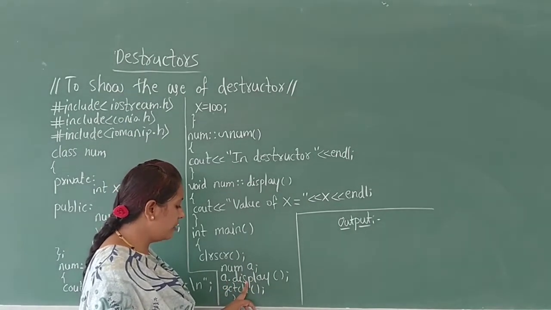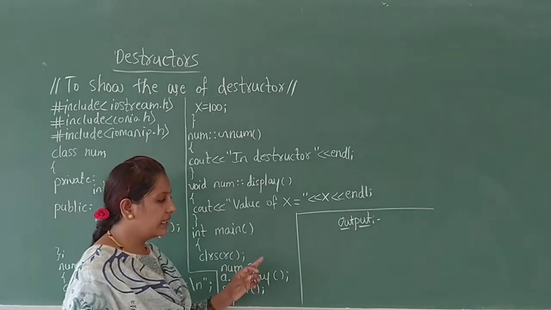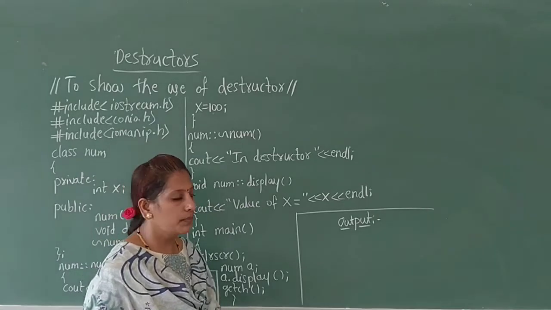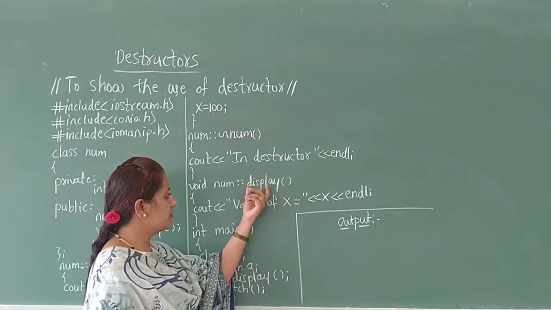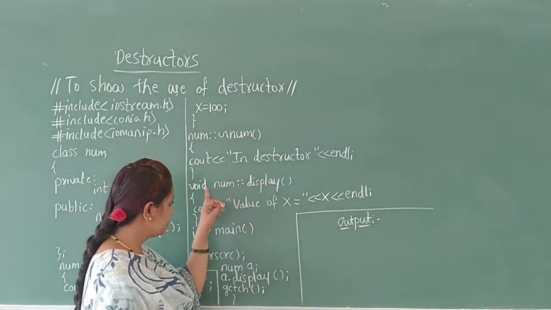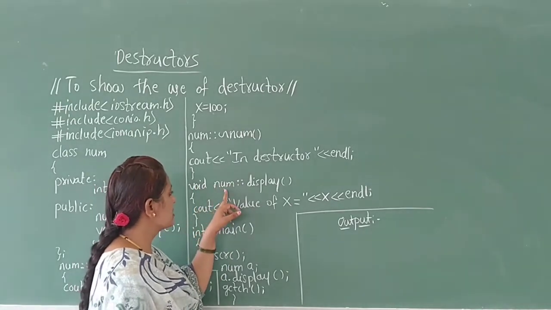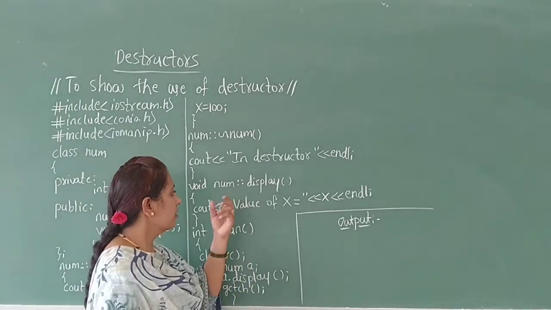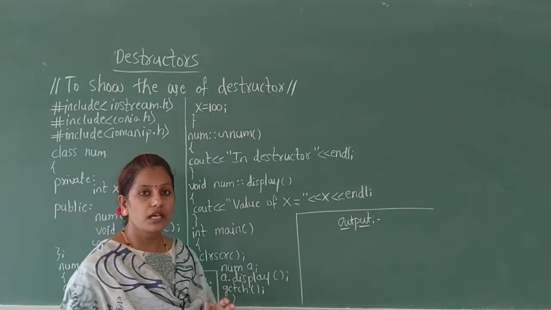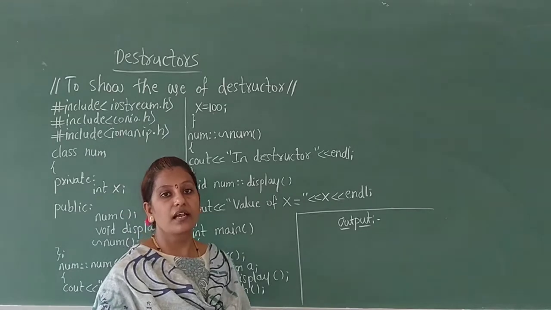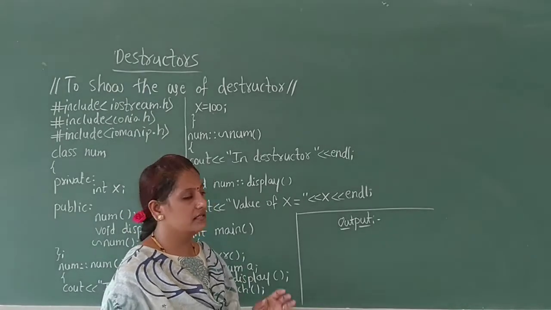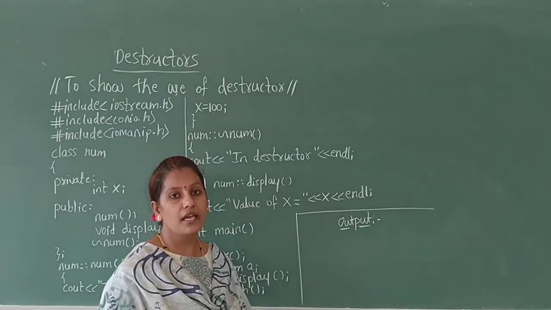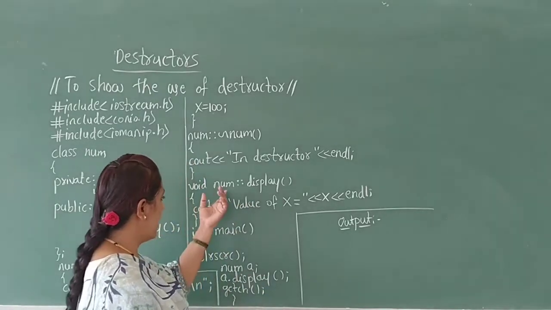When this function is called, the control directly connects to the display function where it is defined in the program. The member function display is defined with the data type void, class name num, and the scope resolution operator. Why is the scope resolution operator used here? Because the member function is defined outside the class. Therefore, the scope resolution operator is used to define a member function outside the class.